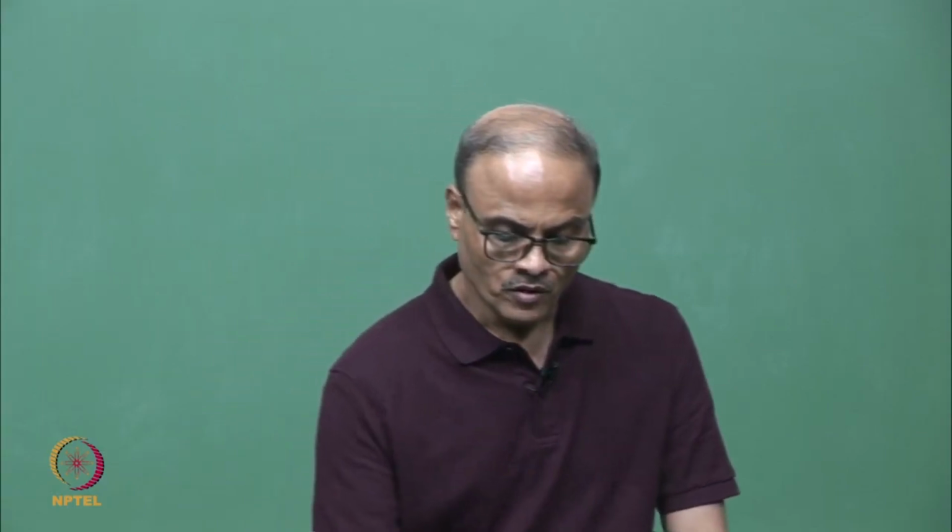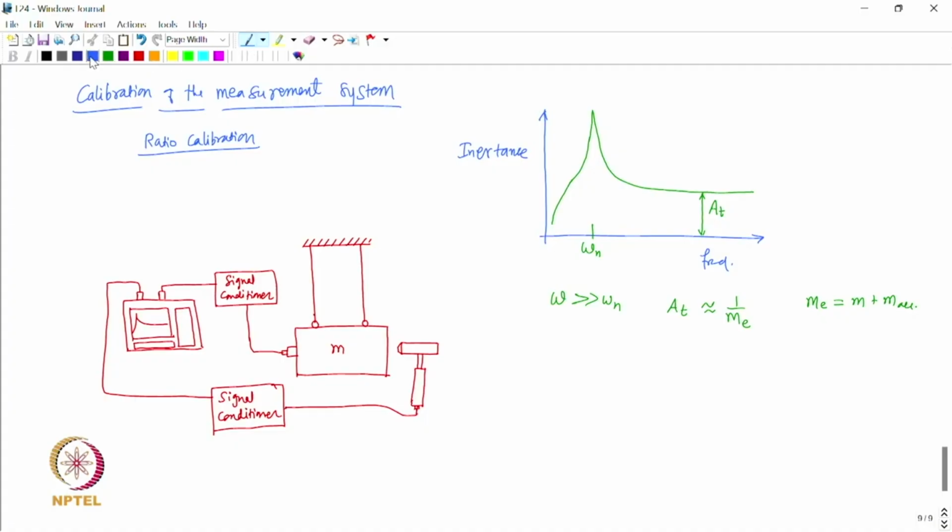And then now we perform the FRF measurement, right, using the setup as shown, and we obtain a measured inertance. So the inertance measured may look like this. Like this, right.